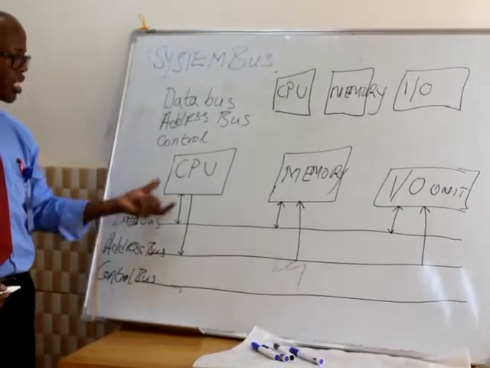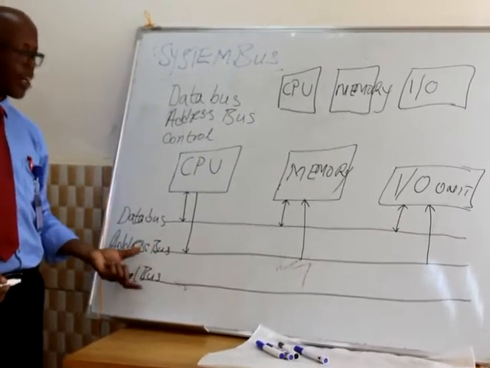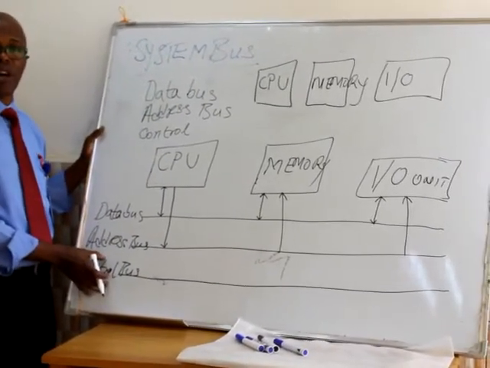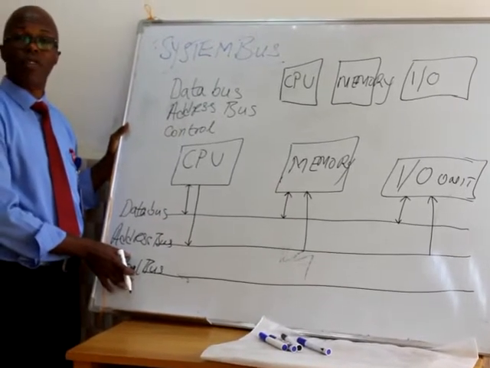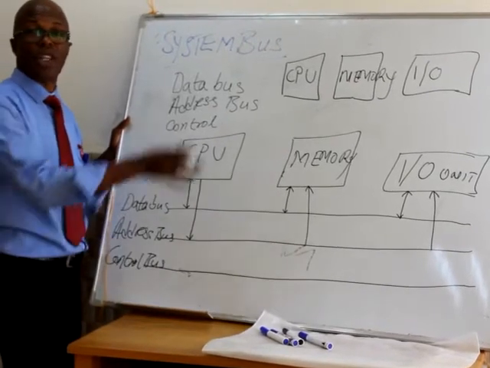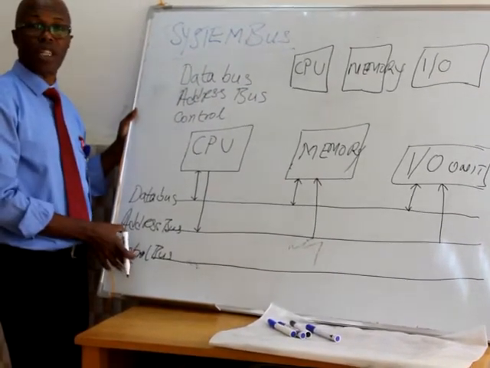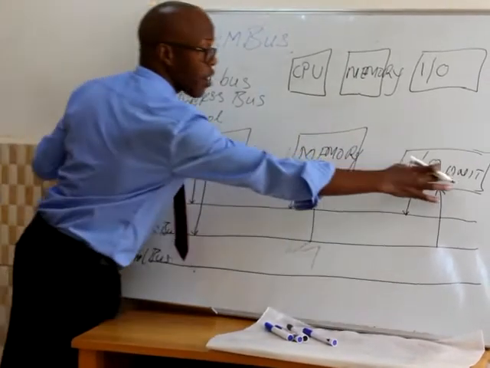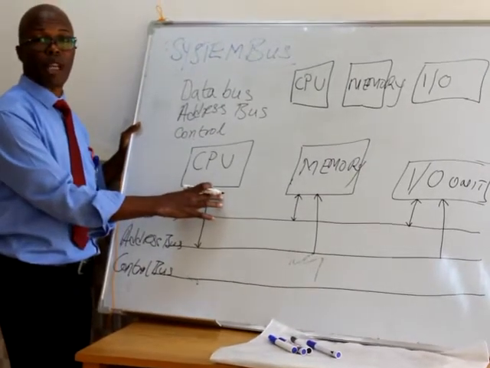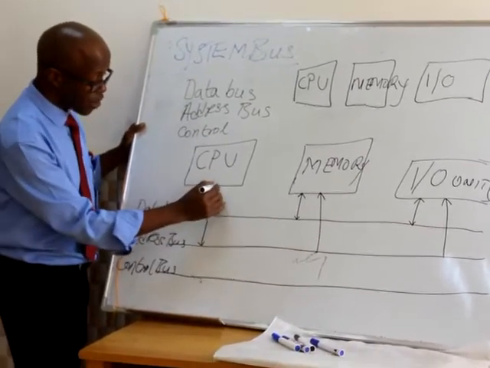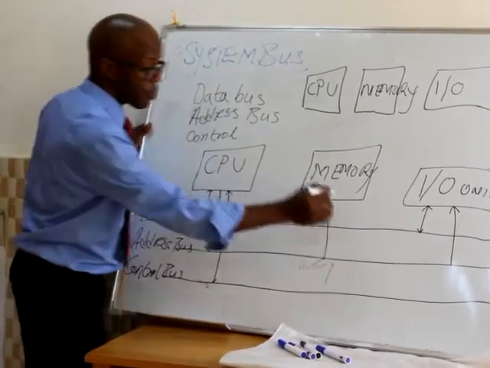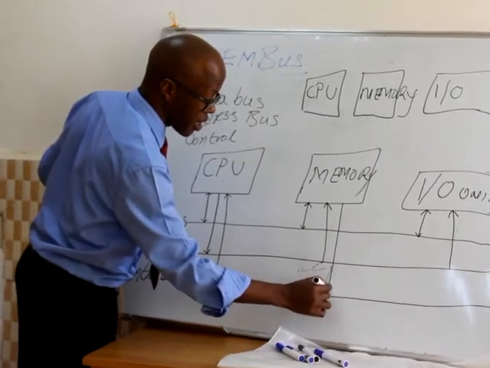It has to know to control the addresses. It has to know all the information. The control bus also has to know the status of the devices from which we are going to get data, from the input-output devices or memory, as requested by the CPU. So this one is also a bidirectional movement.